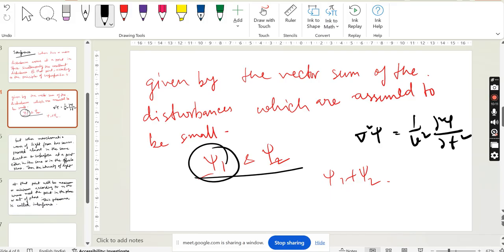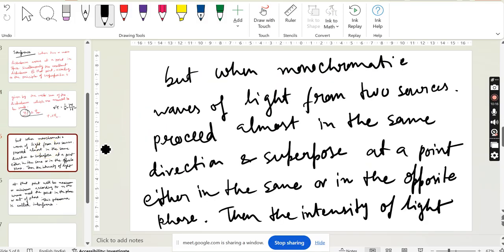But when they are crossing, we will get maxima or minima. And if they are monochromatic waves, it depends on whether they are superposing at the same phase or the opposite phase.